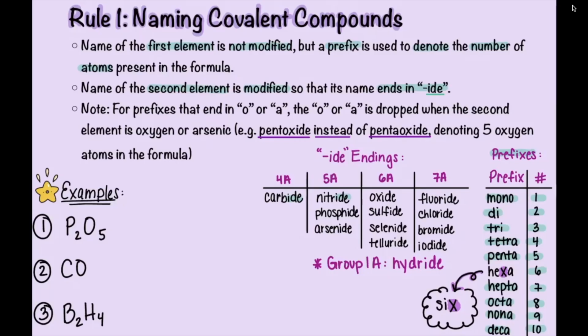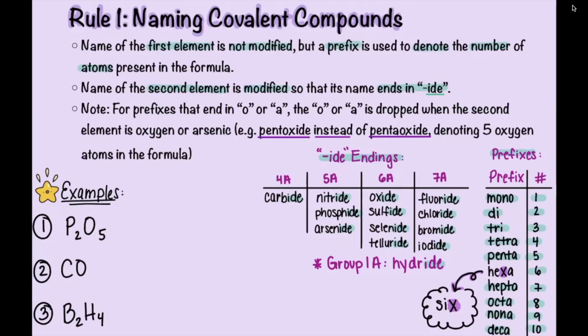In 6A, oxygen becomes oxide. In 7A, fluorine becomes fluoride, and so forth. It does take some time getting used to writing these names, but one thing I can recommend is using flashcards to help you remember the ide endings and your prefixes.